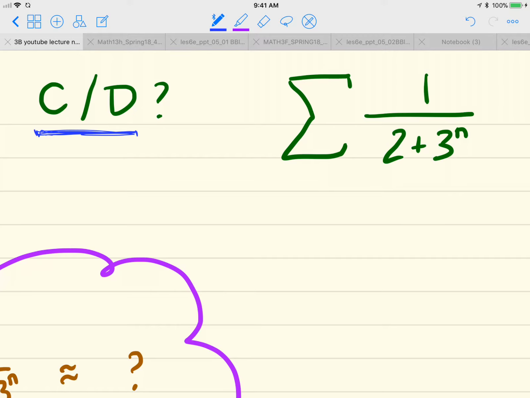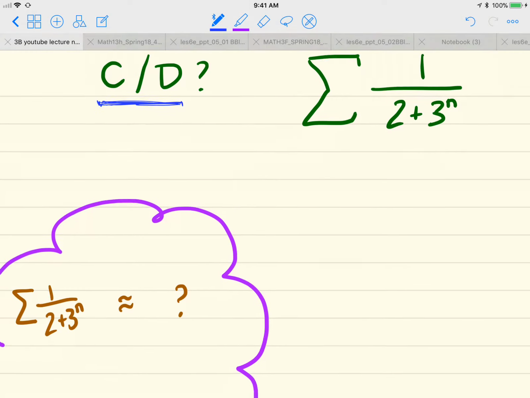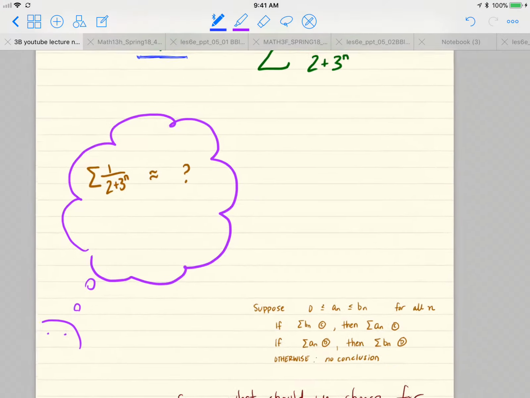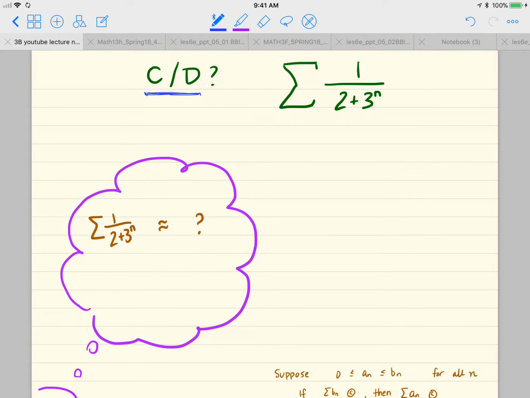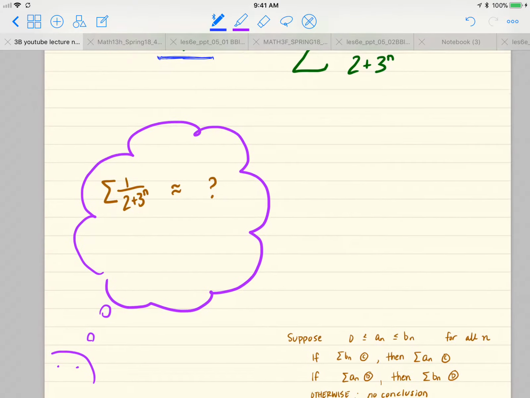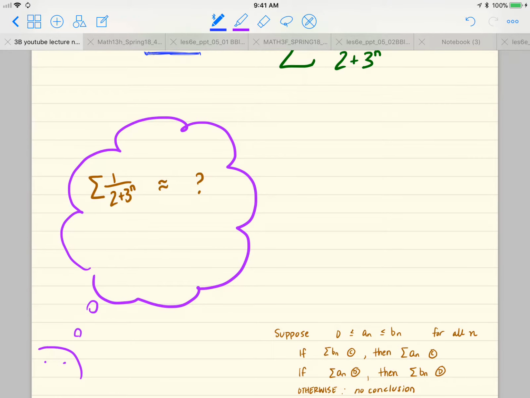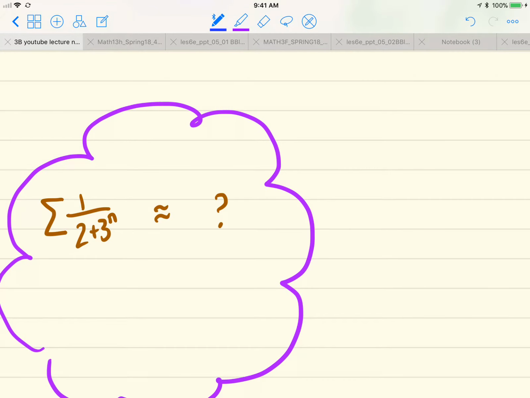And I'm asking if the series just converges or diverges. Now, in approaching this question, here's what we think about. We want to compare, right? We want to use the direct comparison test. So this is me, and my first step is, what does this series remind me of, right? So what does this series remind you of?